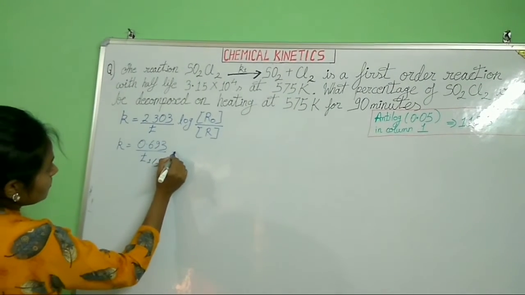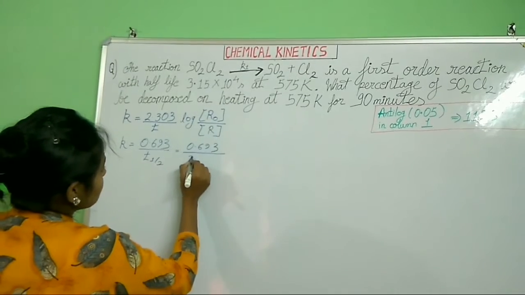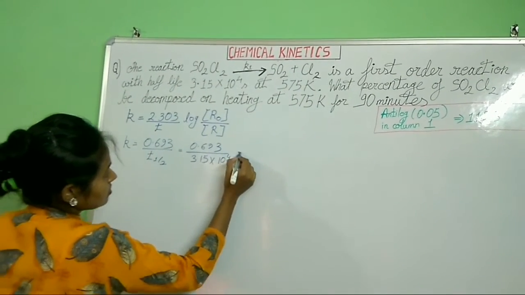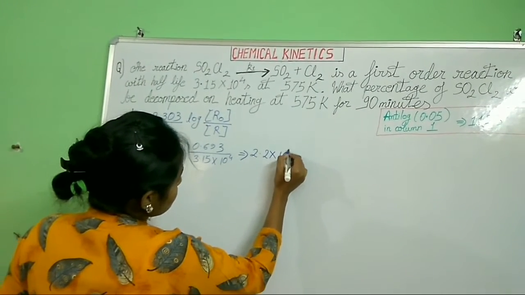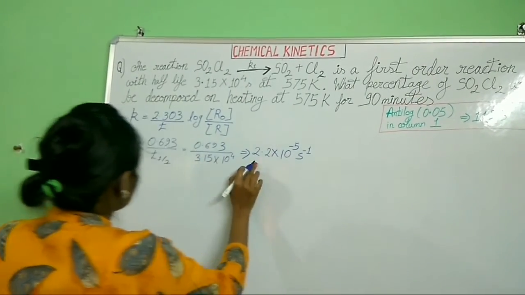Okay. So 0.693. What is the t half given? 3.15 into 10 to the power 4 second. So if you calculate it, how much will we get? 2.2 into 10 to the power minus 5 second minus 1 is the rate constant.